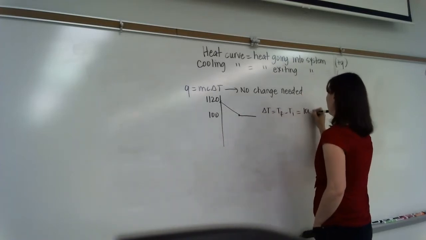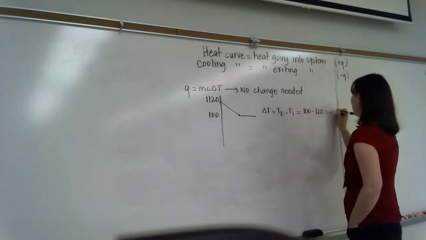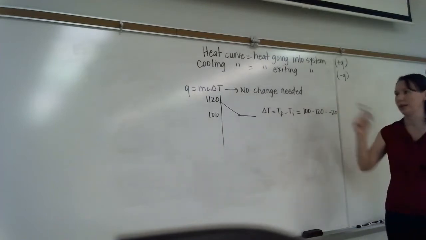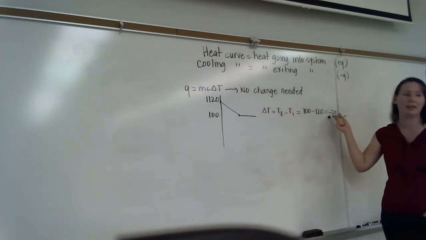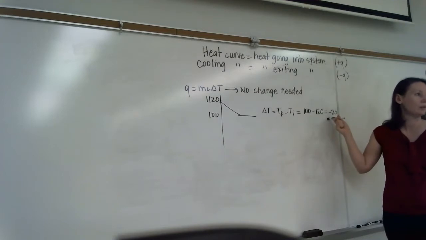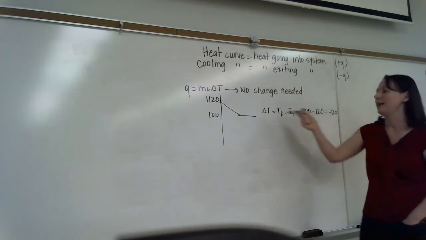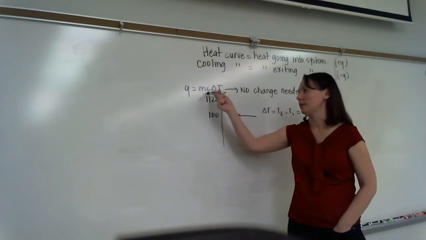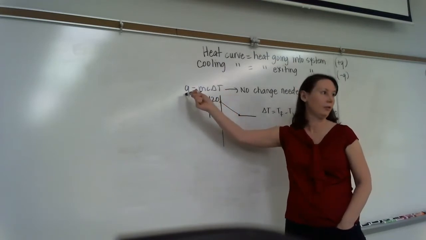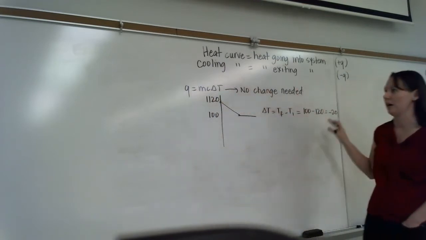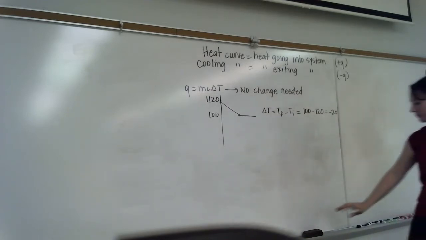So that's 100 minus 120. That's negative 20. So your Q is going to come out negative because you've already got a negative as part of the equation. Does everyone see? So no change is necessary if you're doing Q equals mc delta T.